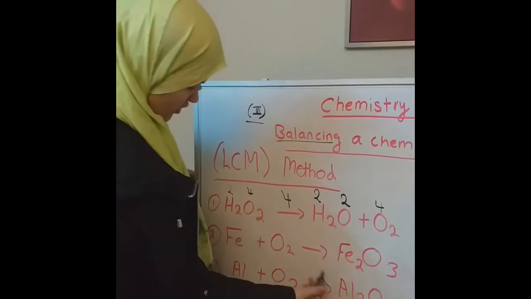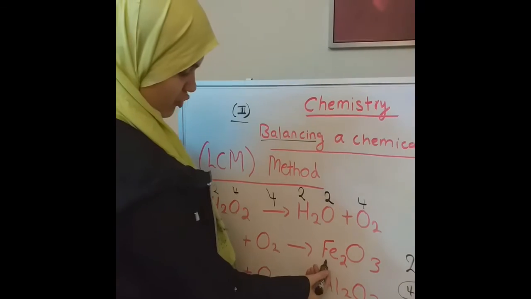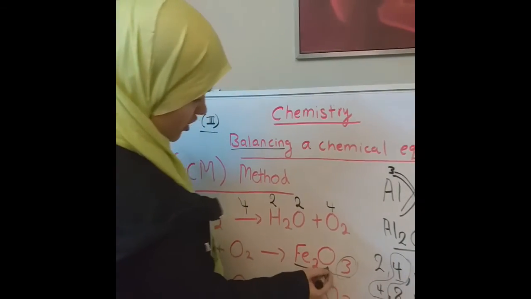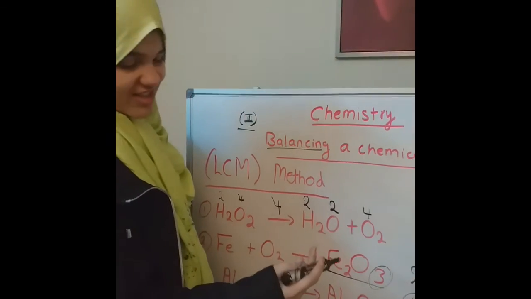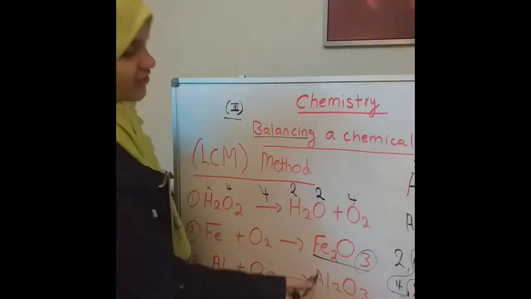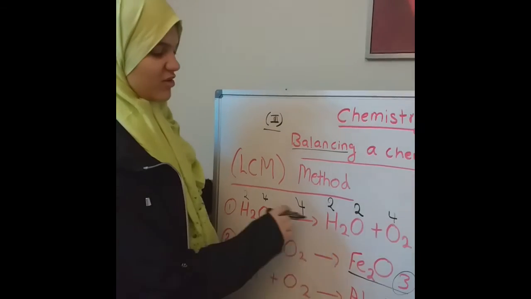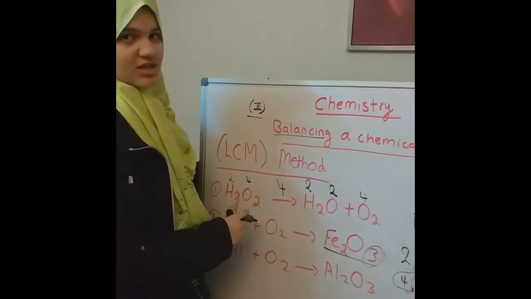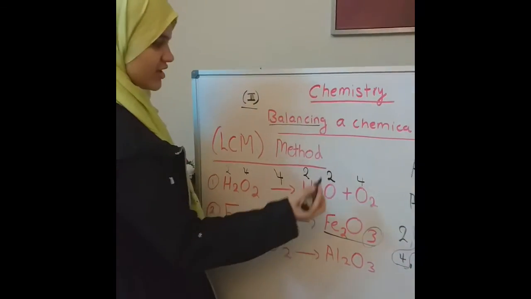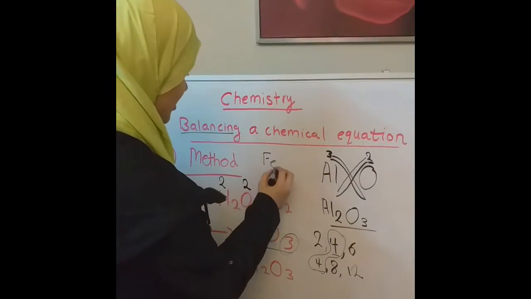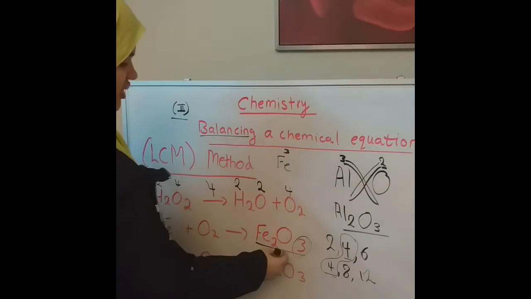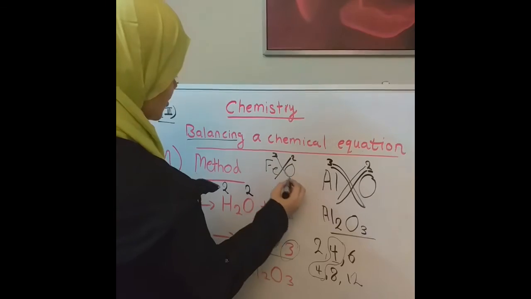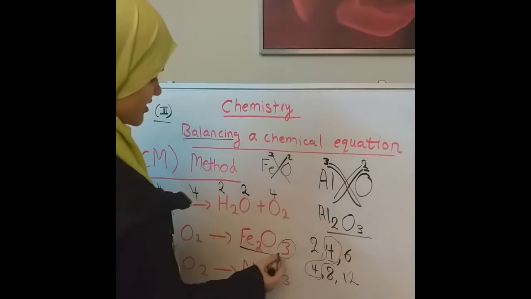Because if you see in the products, there are 3 for oxygen, the valence number of iron. It is already given by the crisscross method that iron has the valence number of 3 and oxygen has the valence number of 2.